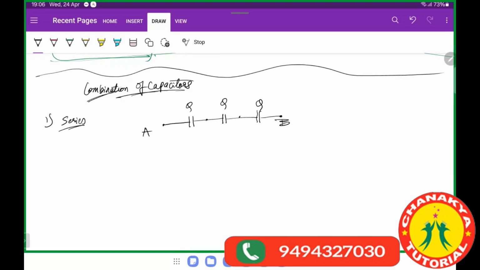So let's take C1, C2, C3. For the first one, C1, second one, C2, third one, C3.